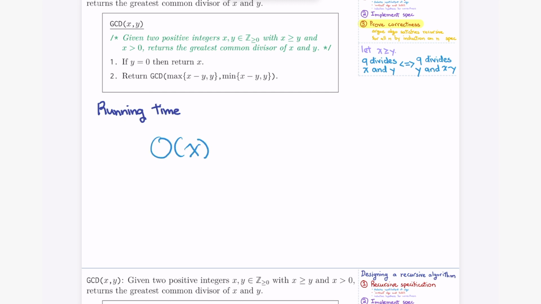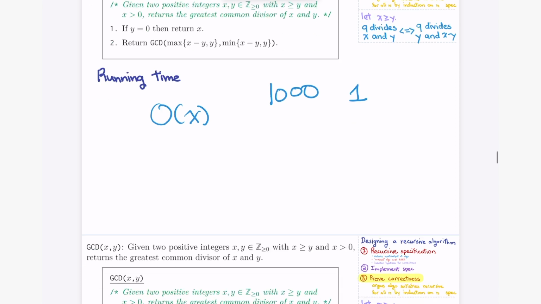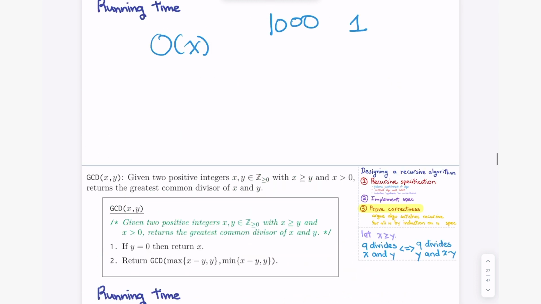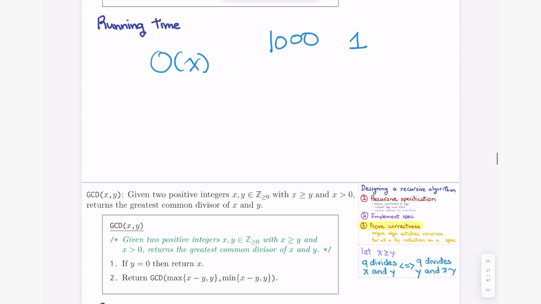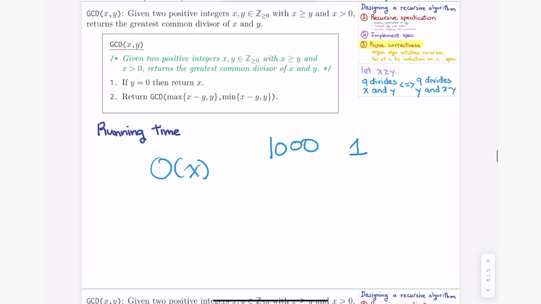And what would a bad case look like? This could be like a gazillion, and this could be like 1 or something. You're just subtracting 1 every time? Yeah. Okay. I kind of blew it, but oh well.